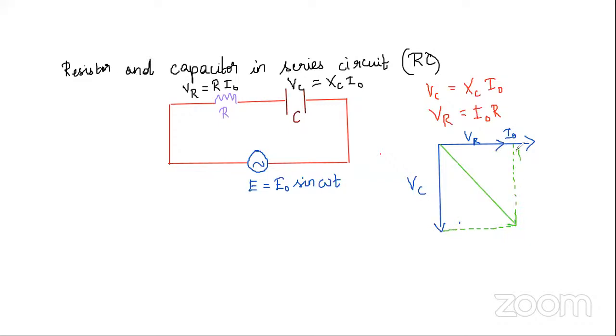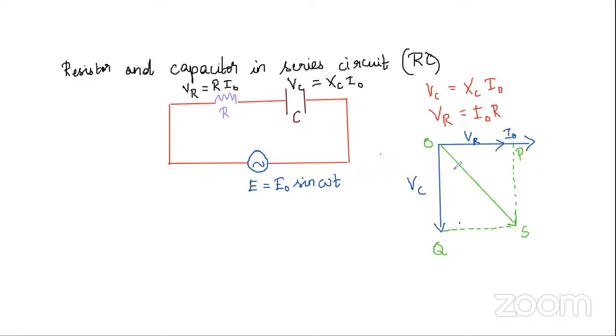Here I am marking the point P, here the point S, and here the point O. The vector OP, from O to P, shows VR, which is in phase with I0, and the vector OQ represents VC, which lags behind I0 by pi by 2.